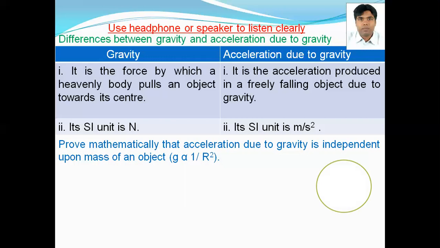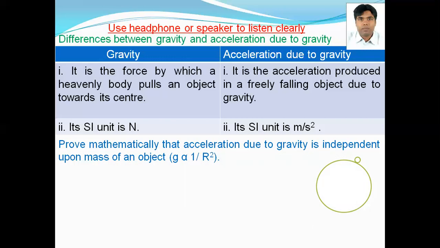Let's draw a figure. Here, the circle represents a spherical object. And let's place another small object on its surface. So obviously, this heavenly body pulls that object towards its center.